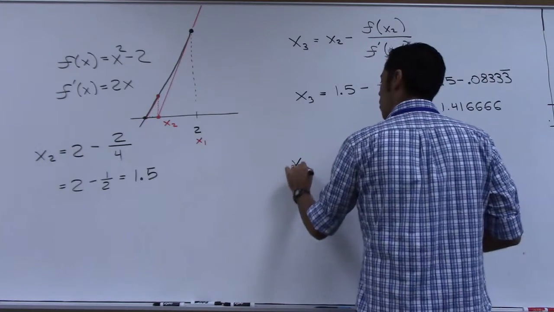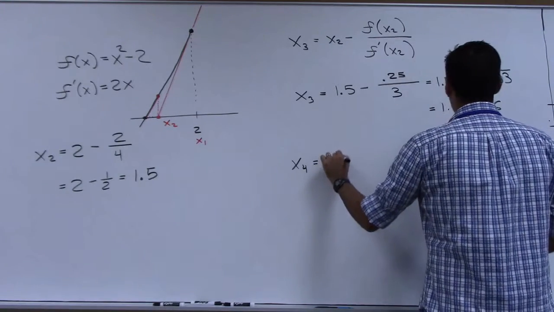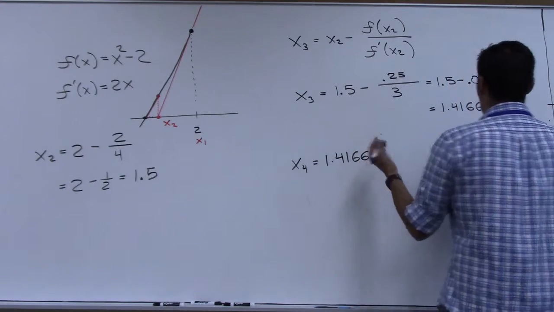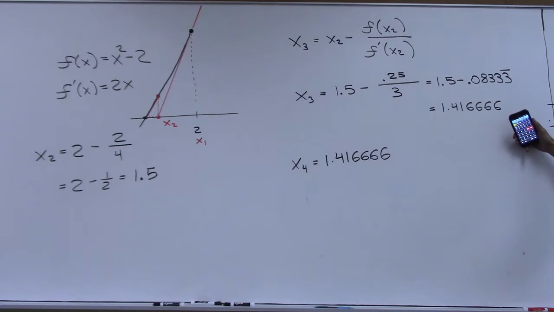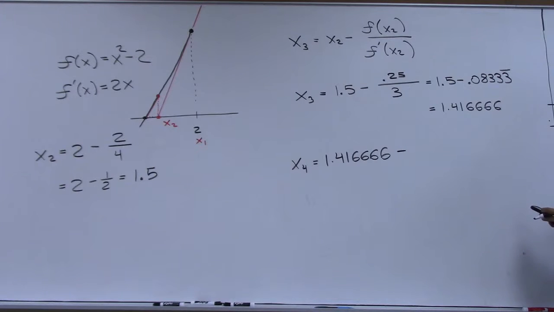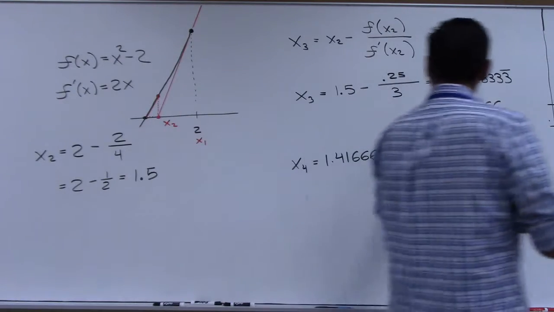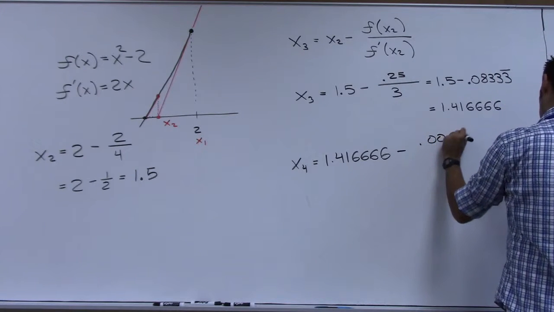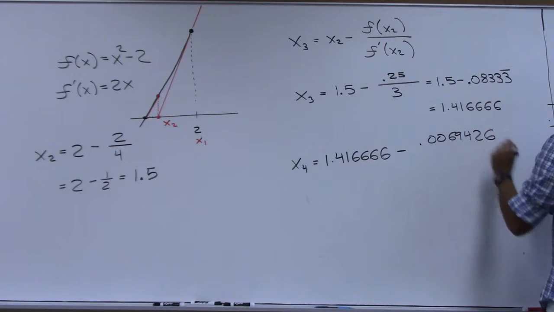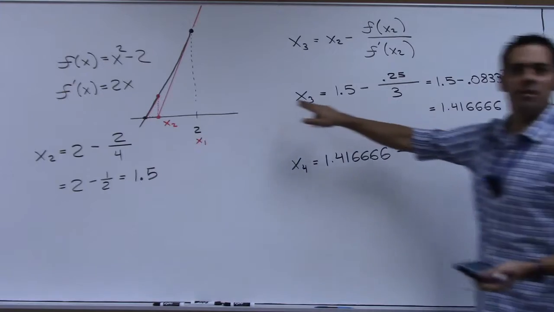So if I do x sub 4, I get 1.4166. So how far do we want to go out? I mean, the more decimal places we go out, the more precise we're going to be. So I'm going to go out as far as, let's say that. And then now you have to take that answer, 1.416666, plug it into the function, so square it, subtract 2, and I'm getting like 0.0069426 or something like that, over then this into the derivative times 2.